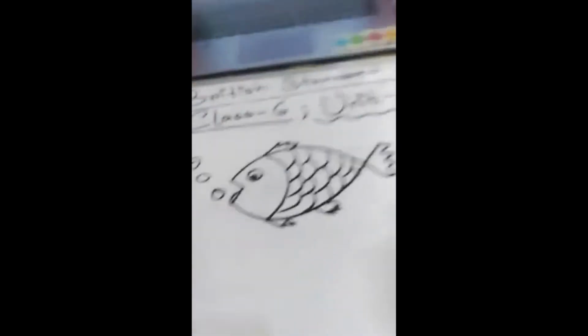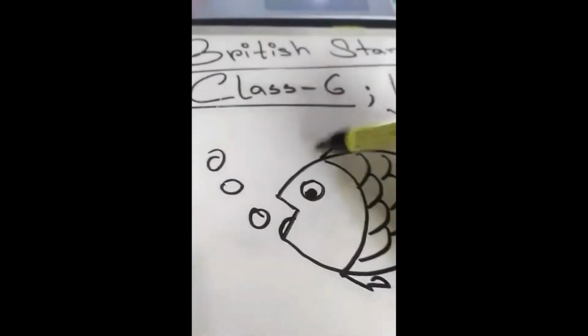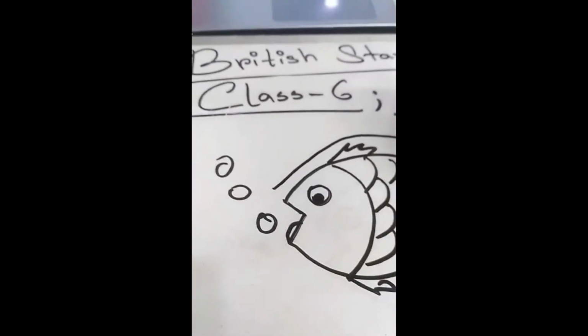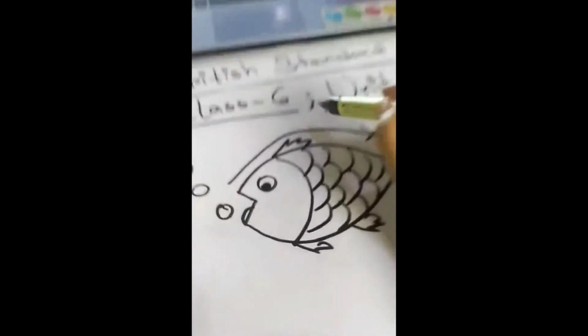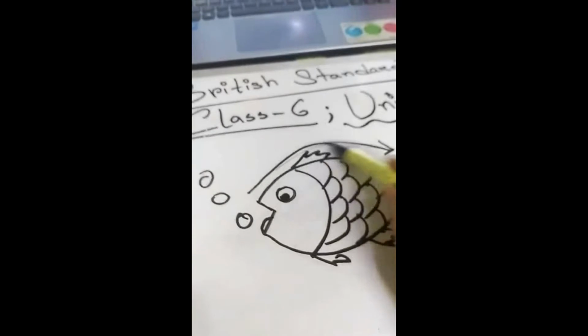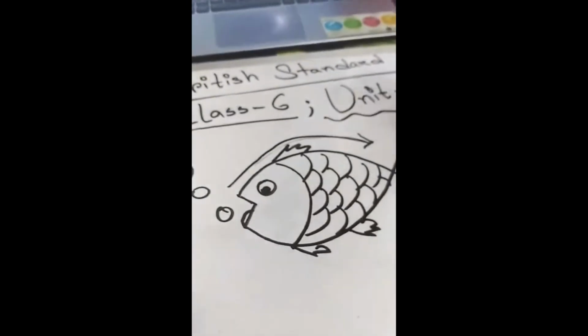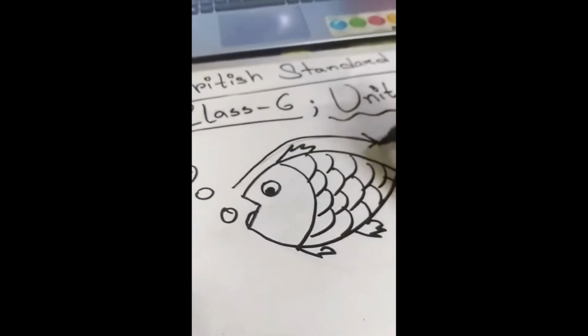Okay, so what did they say, a fish has what? A streamlined shape. This smooth shape is called a streamlined shape. Why do they need a streamlined shape?